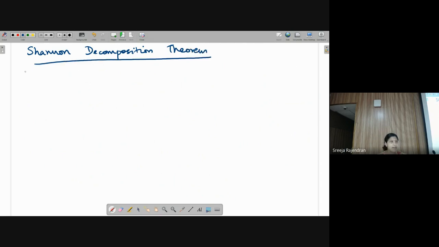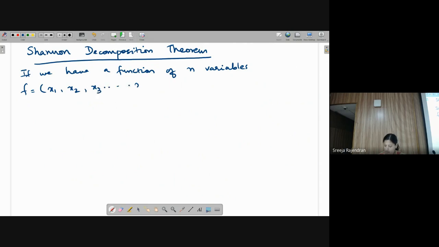What it states is that if we have a function of n variables, like f is a function of x1, x2, x3 up to xn, I can split this function into smaller functions.